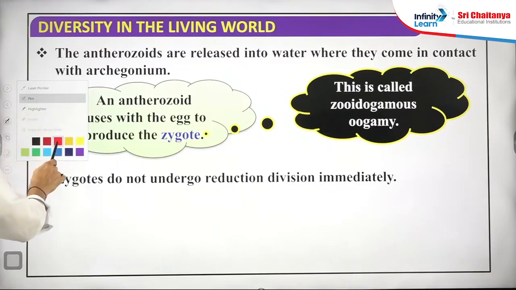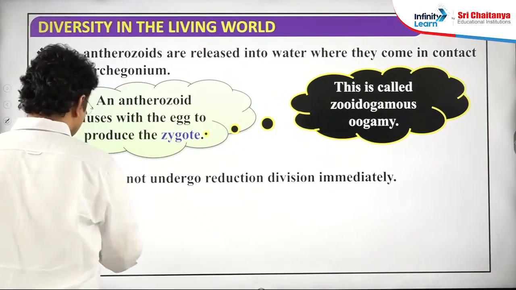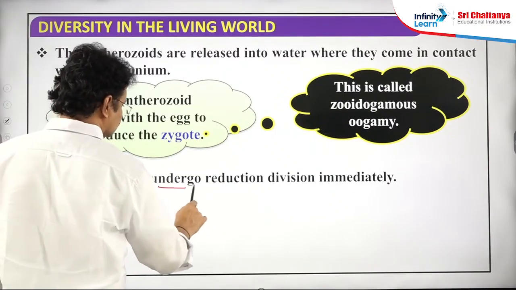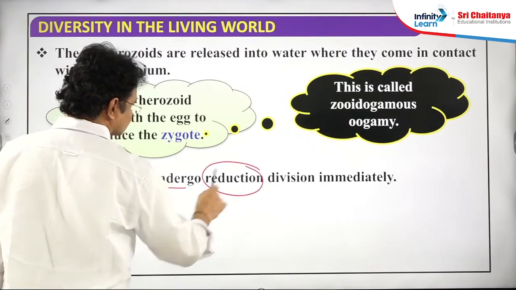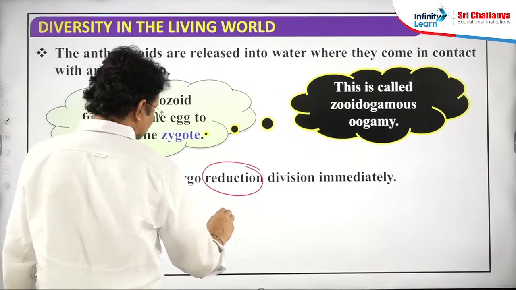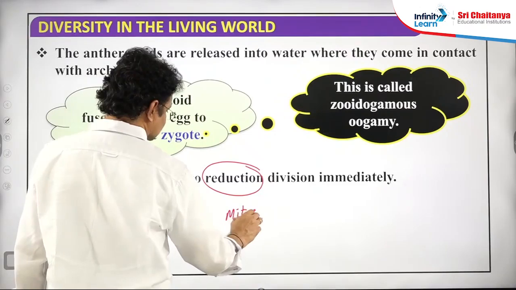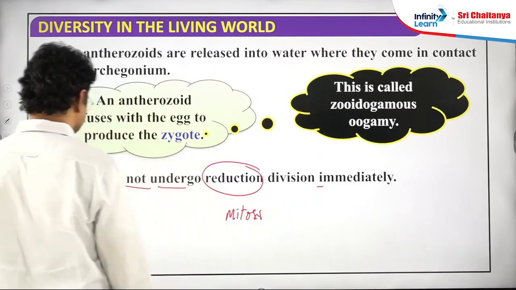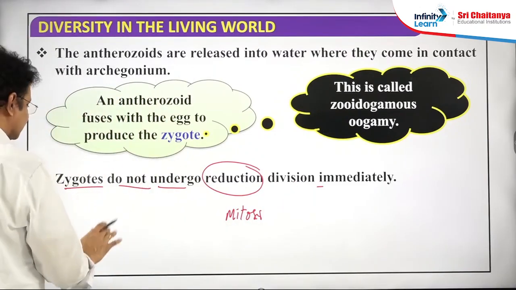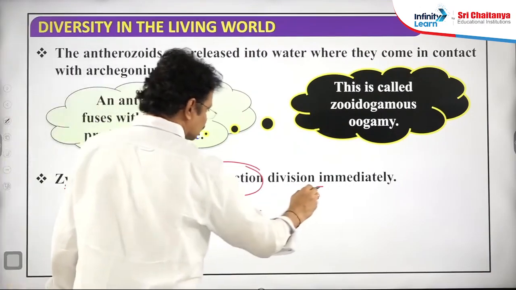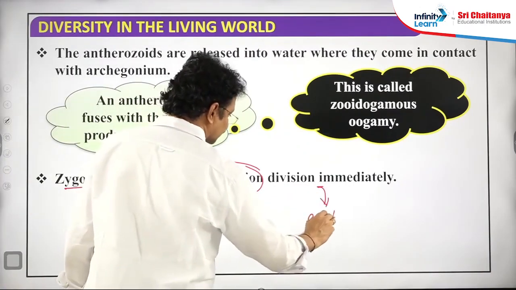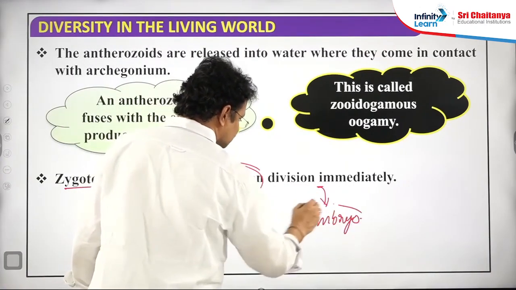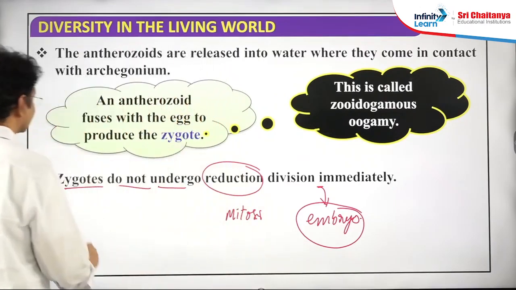One peculiar feature of bryophytes: the zygote does not undergo meiosis. It undergoes mitosis only, giving rise to an embryo. First time in the plant kingdom, and these are called embryophytes. The first embryophytes in the entire plant kingdom are the bryophytes.